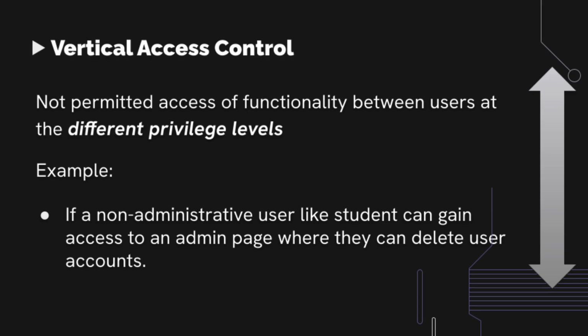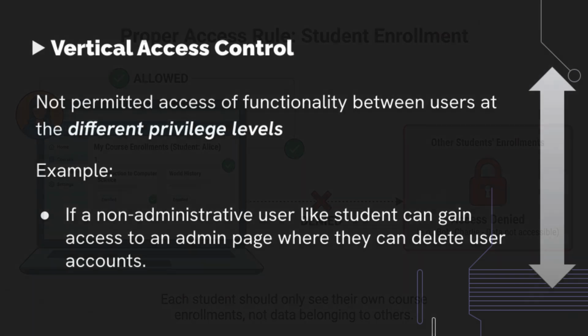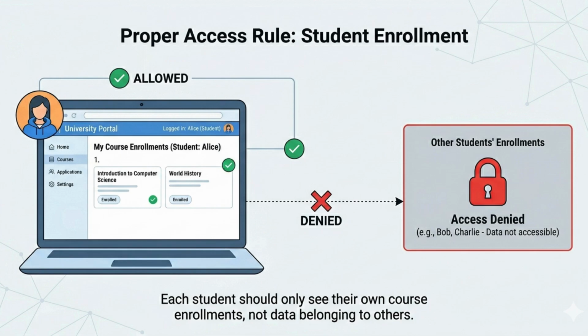Now let's understand how a horizontal access control vulnerability can exist in our application. In our system, users with the student role can log in and enroll in different available courses. After enrolling, a student should only be able to view the courses they personally enrolled in. They should not be able to see which courses other students are enrolled in.